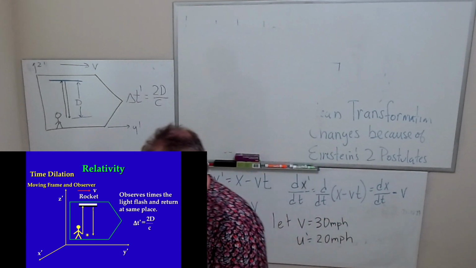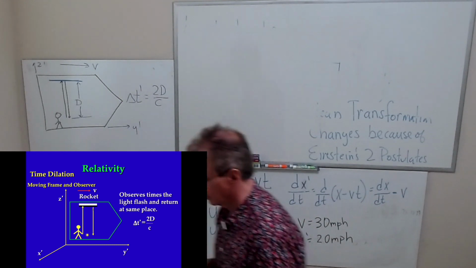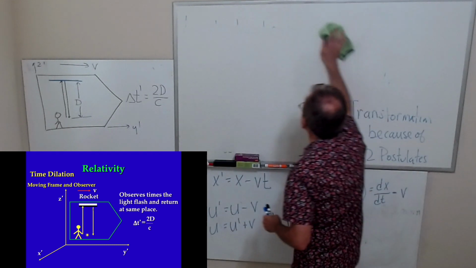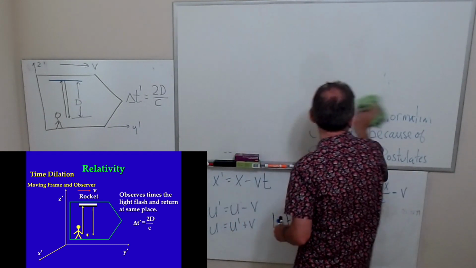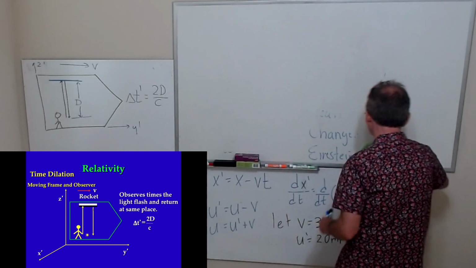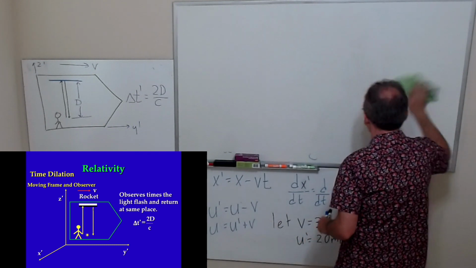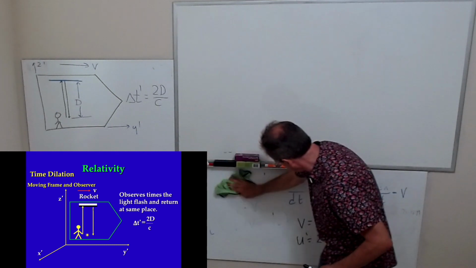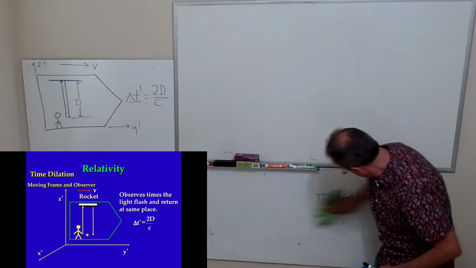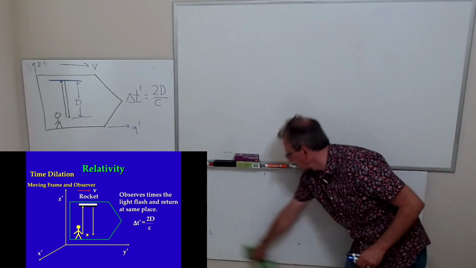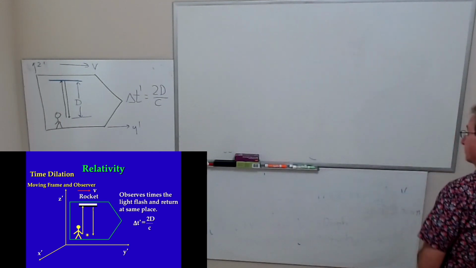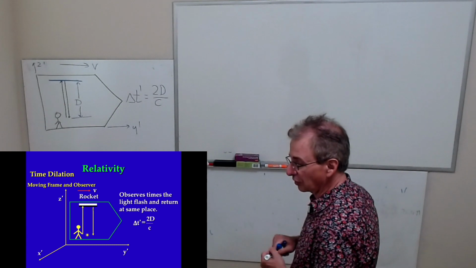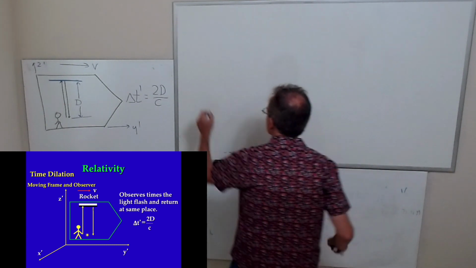Now, what do we measure? What time interval do we measure? That's the question. Well, what does the rocket do according to us? Well, the rocket starts here.